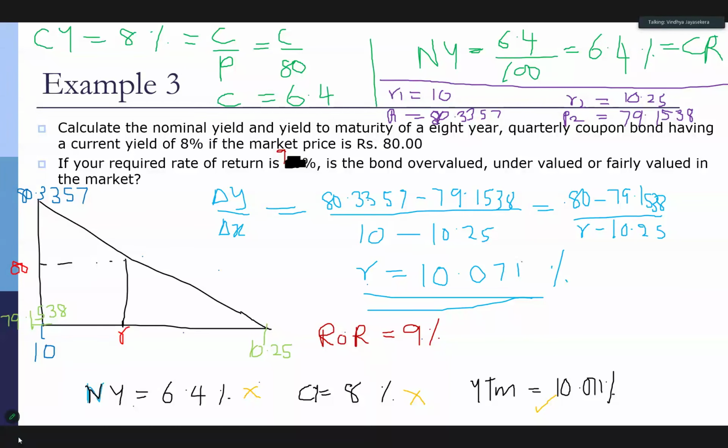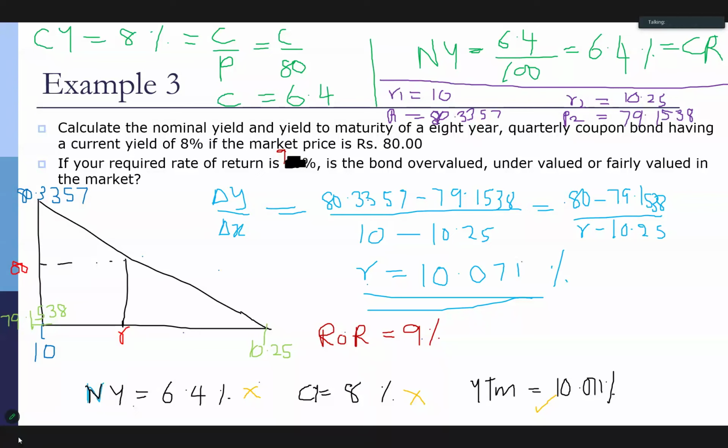Again, 9% implies there's a certain price that I'm willing to pay, right? From required return of 9%, I can calculate the maximum price I'm willing to pay. So if the bond is giving me higher than 9%, that means in the market, the bond is trading lower than the price I'm willing to pay. That means the bond is undervalued.